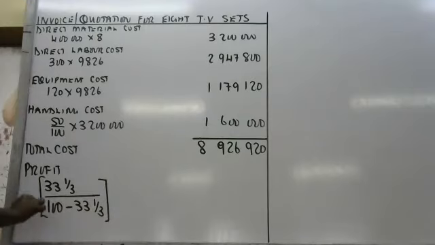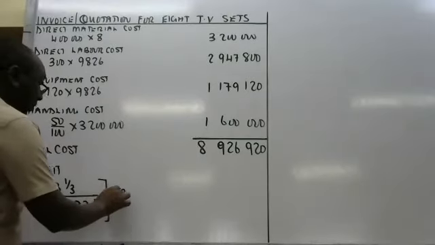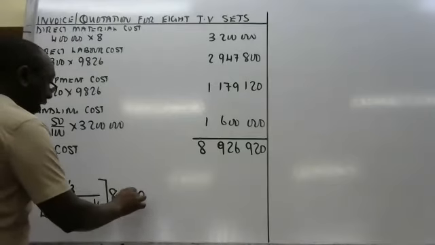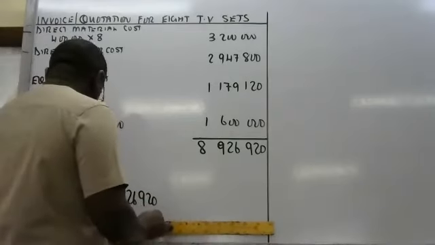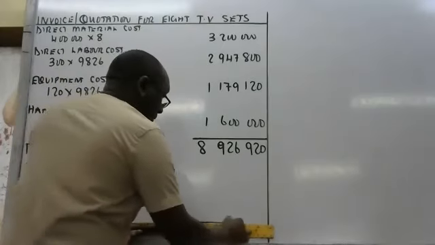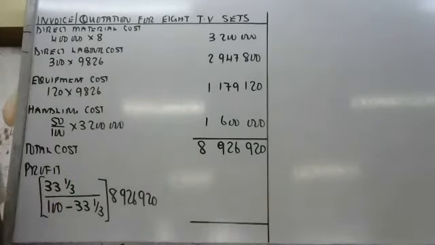When you subtract the numerator, that now becomes the markup. Then you multiply by 8,926,920. Give me the figure and round up or down appropriately.